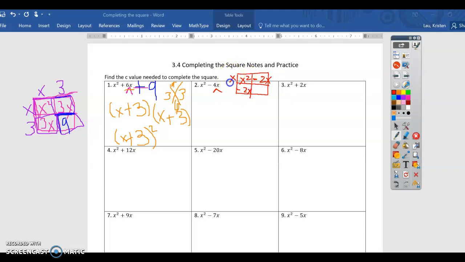So that means this is x, because x times x is x squared. x times negative 2 is negative 2x. And then the same thing over here, because this side and this side have to be the same. So negative 2 times negative 2 is a positive 4. So the C value that I need to add is a positive 4.